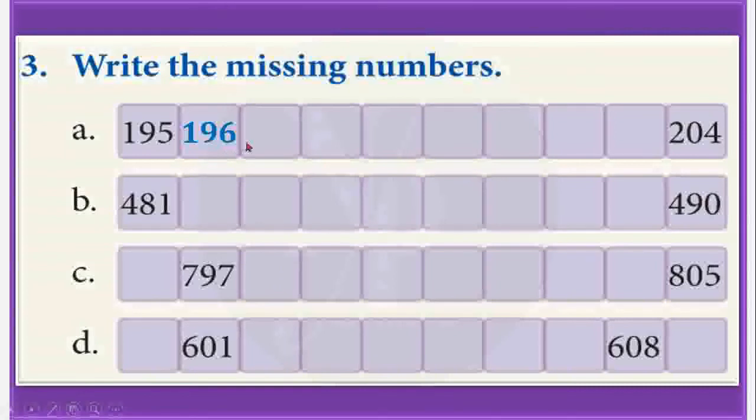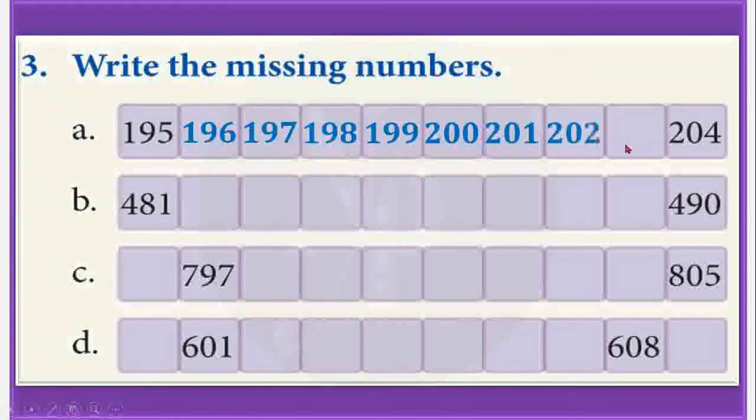After this, which number comes? 197. And then 198. 199 is to be written here. After 199, we get 200. Write 200 here, and here 201, 202, 203 here.